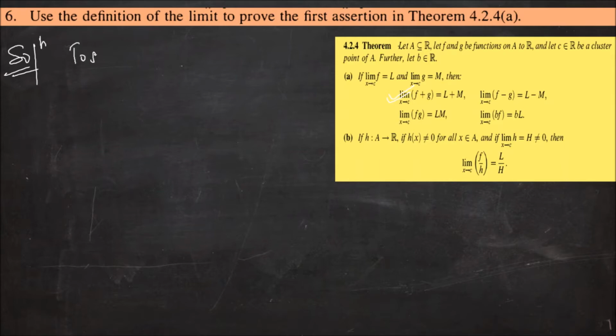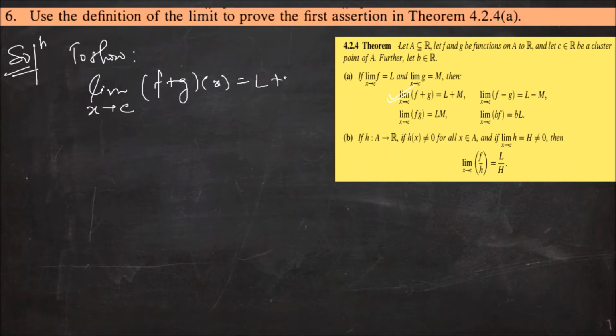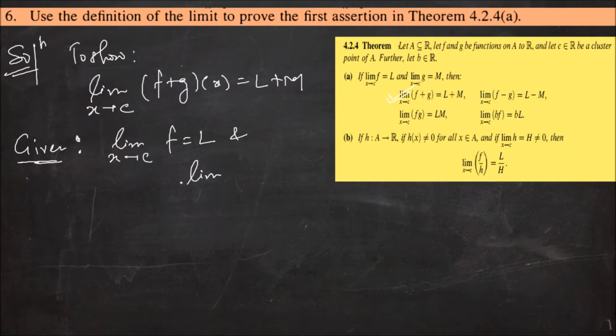To show limit x tends to c of f plus g at x is equal to L plus M, and we are given that limit x tends to c of f is equal to L and limit x tends to c of g is also equal to M. So let us start writing the proof.